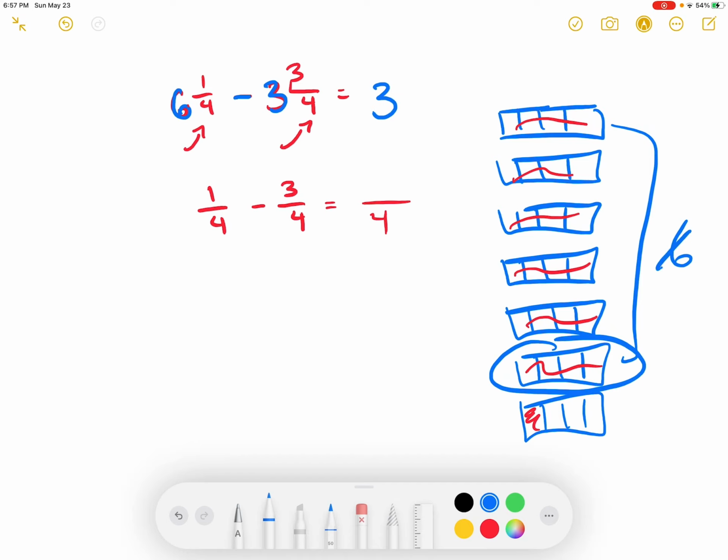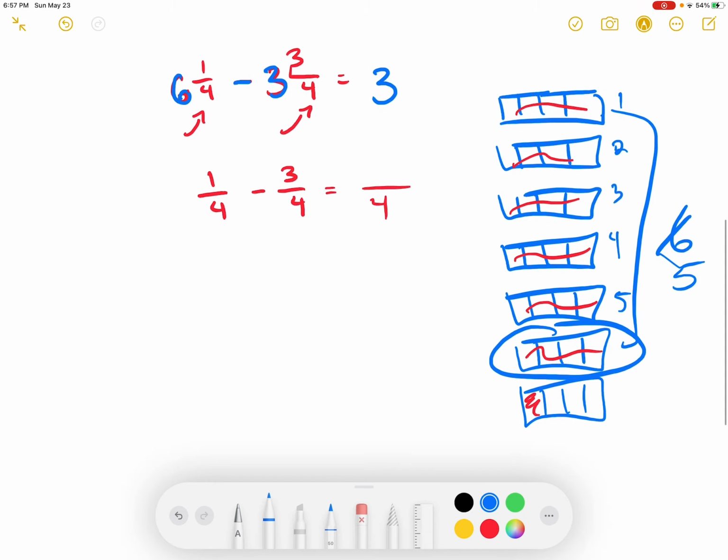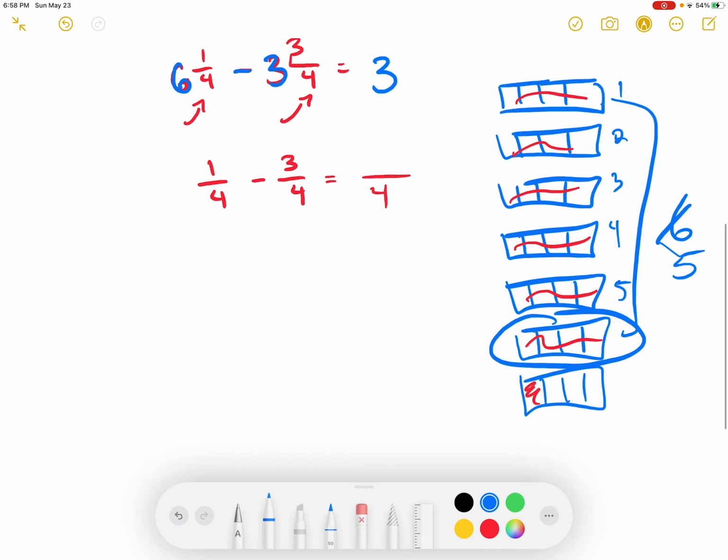So what I mean is I'm going to split this up into fourths, right? So technically this is going to become a 5, right? 5 wholes, 1, 2, 3, 4, 5. And then I'm going to add 4/4 to this 1/4.